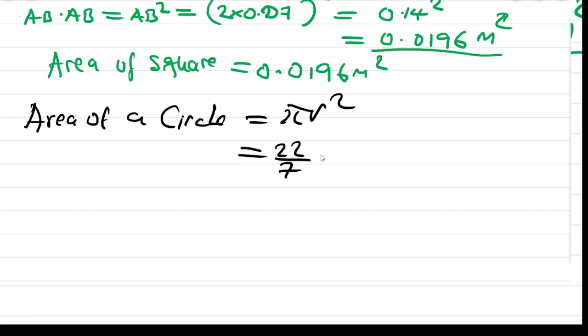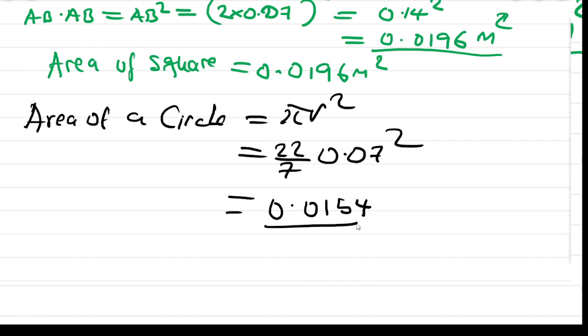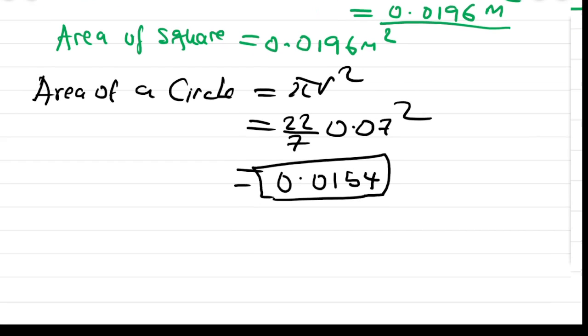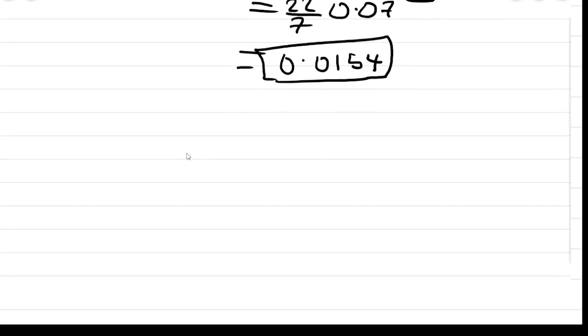The radius is 0.07, but we are going to keep it all squared. Now let's punch it down. So we have 22 over 7 multiplied by 0.07, then all squared. If you plug this in, you get 0.0154. So this is the value you get, 0.0154. This is the area of the circle.